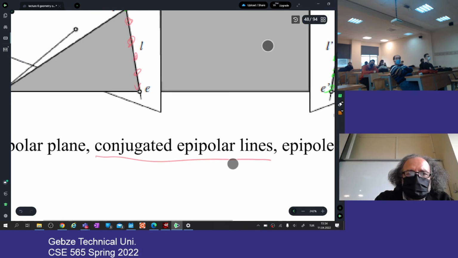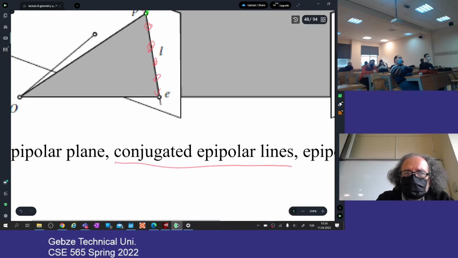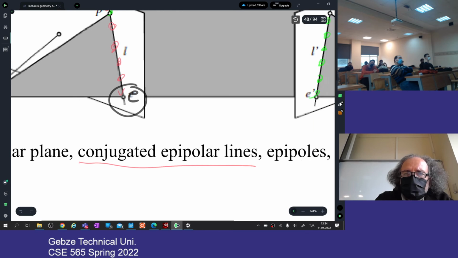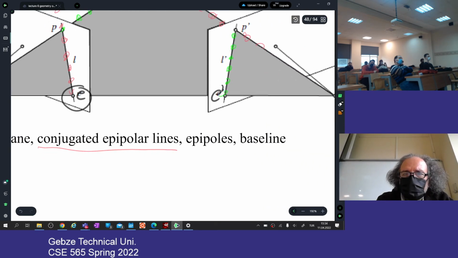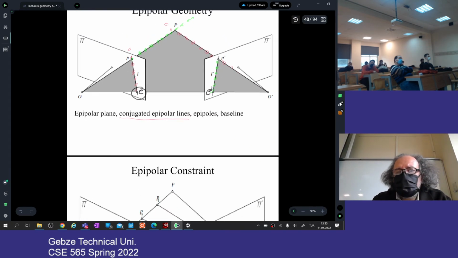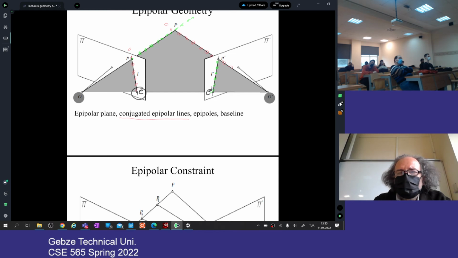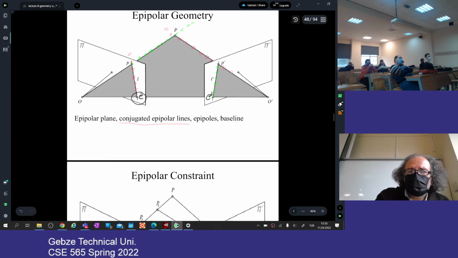These 2 points are special. This point here, E, and this point, E prime. E and E prime are the points where the line that connects O to O prime intersects the left and right image planes. Draw a line segment between O and O prime. It will intersect pi and pi prime at 2 positions. One of them will be E, the other one will be E prime.